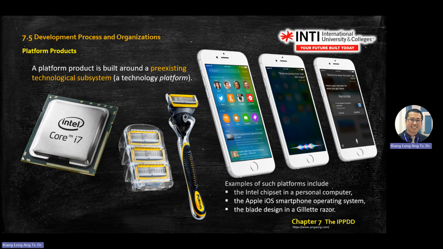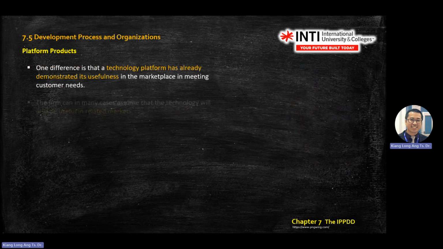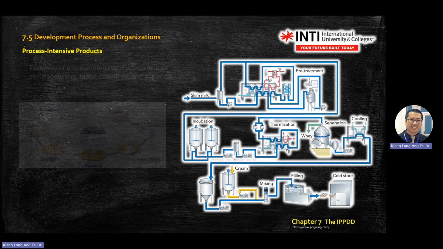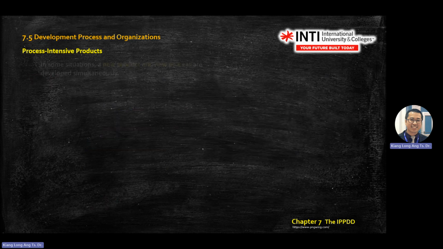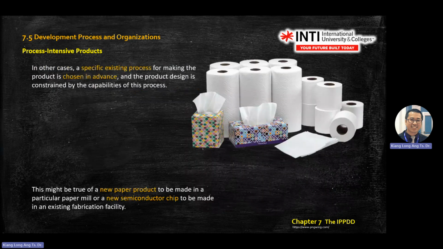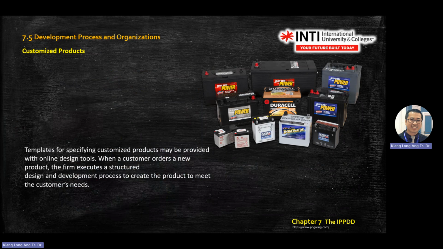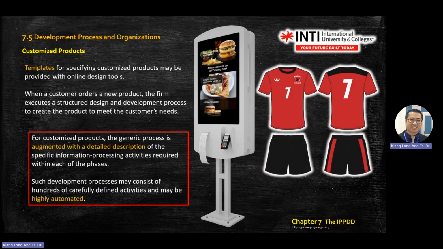So these are the pre-existing products. Customized products, this one you read. Customized products are things that you already see around you.